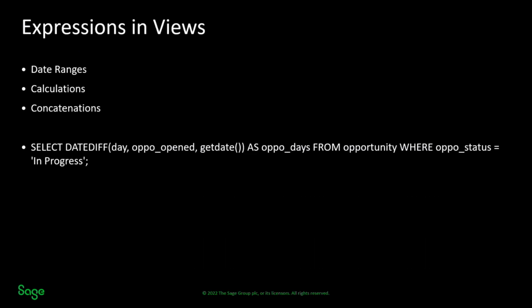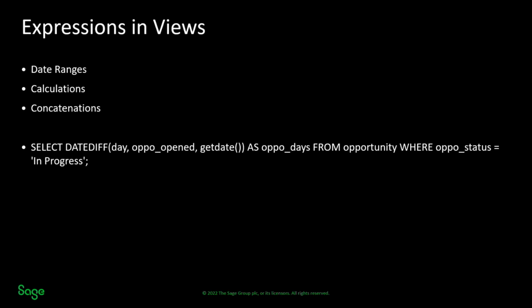This is where we introduce expressions in the SQL. So here's a very simple example of how we start to change something. Look at this. This is where we are calculating the number of days between two dates. So this is perhaps a duration or some other set of fields with the number of days between.